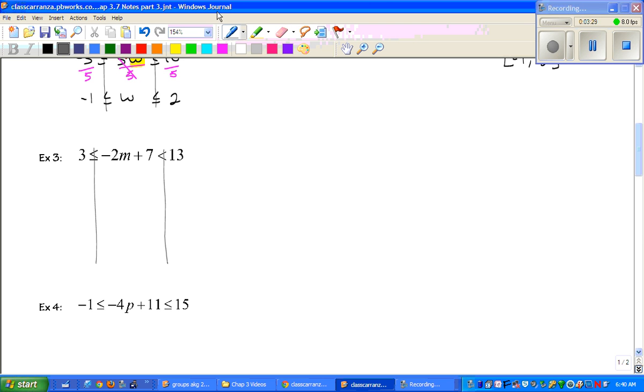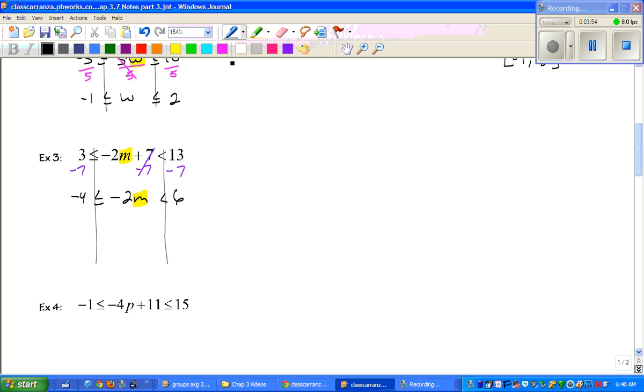All right. Let's go ahead and get started with this one. Our variable's right there. First thing we're going to do is subtract 7 from all sides. And we get negative 4 less than or equal to negative 2m less than, and that comes down to 6. Okay.